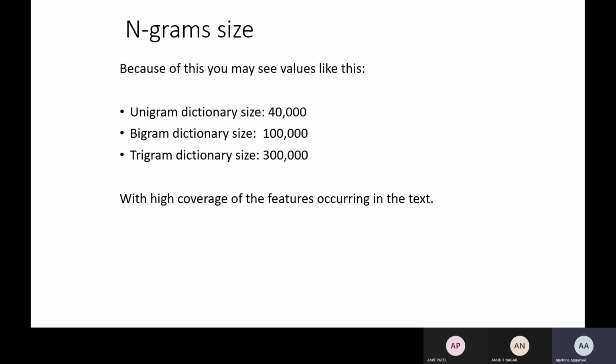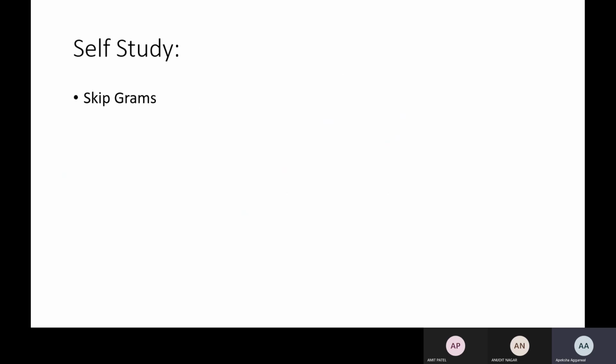So that's it for today. We have seen how n-grams are processed and how the probability of occurrence of a sentence is calculated. In the next class we'll see how this is modeled. You have to study skip grams. What are skip grams? You have to read.